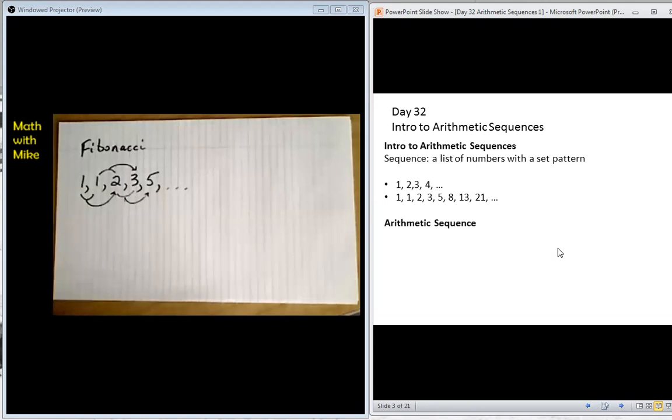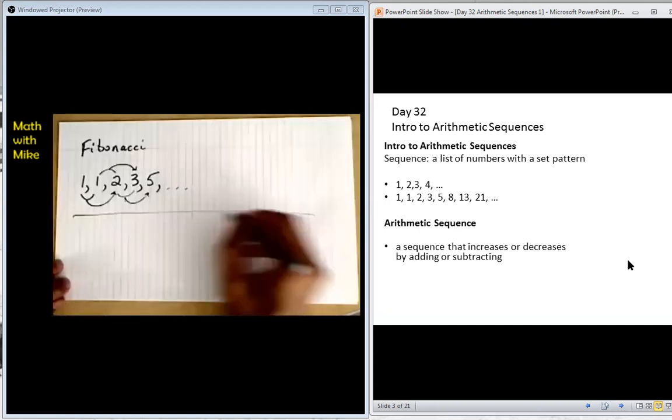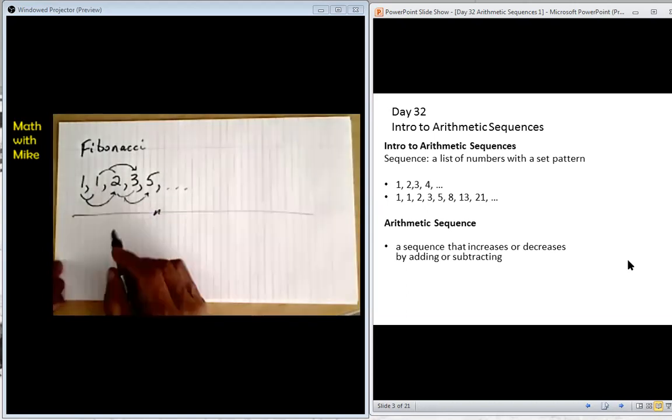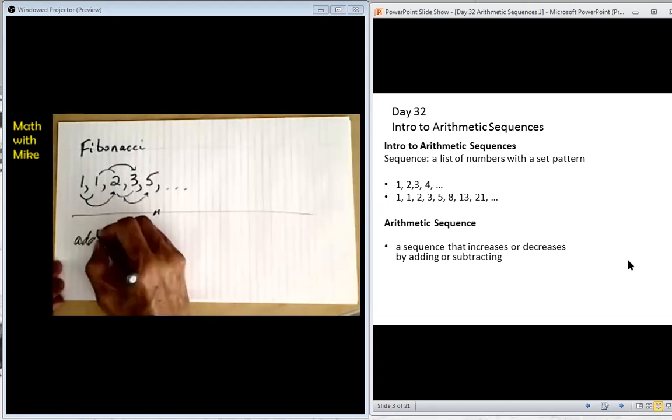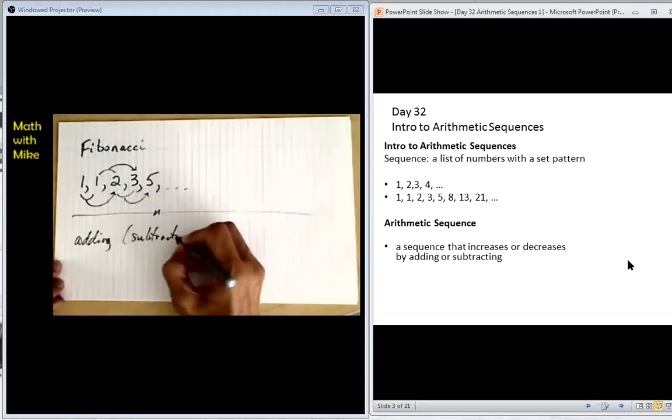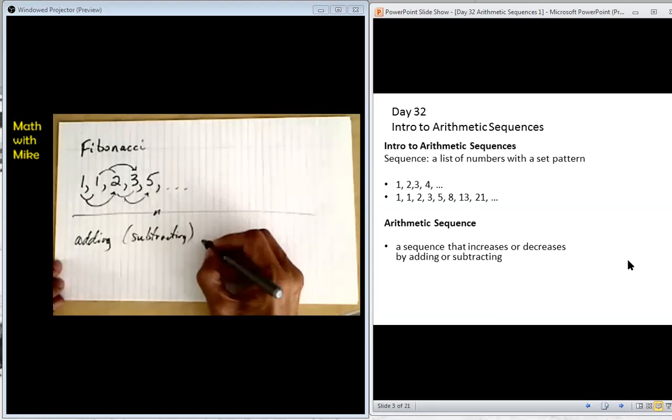What we got here, arithmetic sequence. This is what we're looking at. Okay, so what happens is in an arithmetic sequence, to get from one number to the next one, you're always going to be adding or subtracting to get from one number to the next.